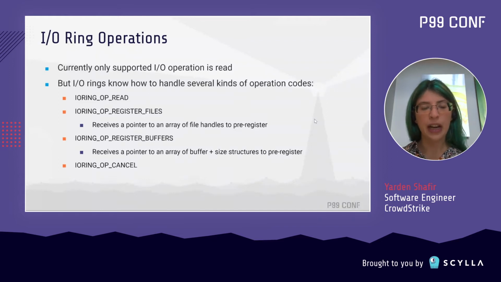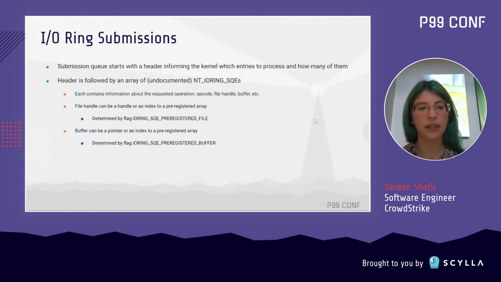And then the system will read the handle or buffer in that index in the array that you pre-registered. It works very similarly. You can specify whether you're passing in a handle or buffer or an index through specific flags when you set up the queue entry, but you can do both. And of course, you can also cancel an operation.